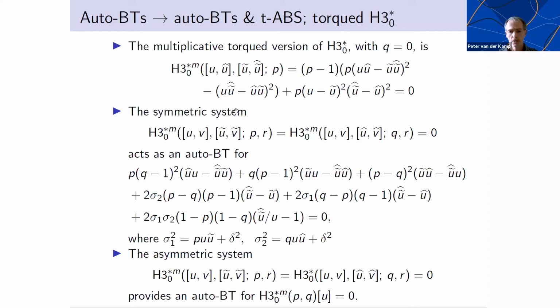And we can do two different torques, a symmetric one and an asymmetric one. In the symmetric case, we get a multi-quartic system. You have the sigmas here. You have to expand this equation. It becomes huge if you want to write it without these parameters, but it is a quartic equation, and there is an asymmetric system as well.